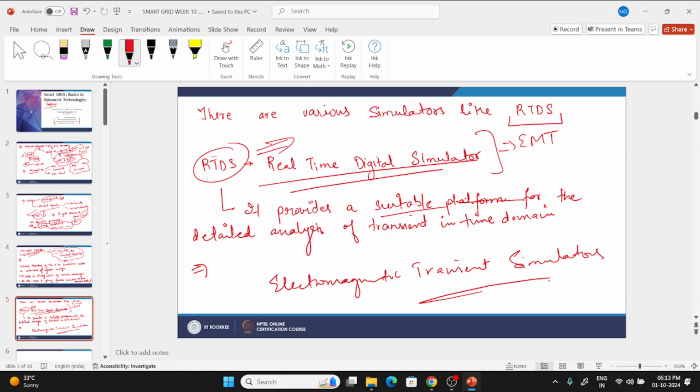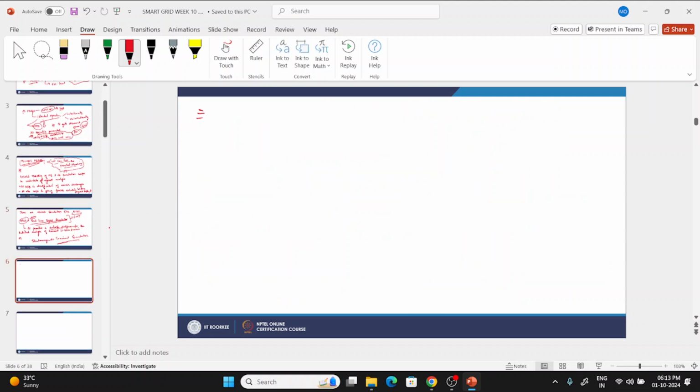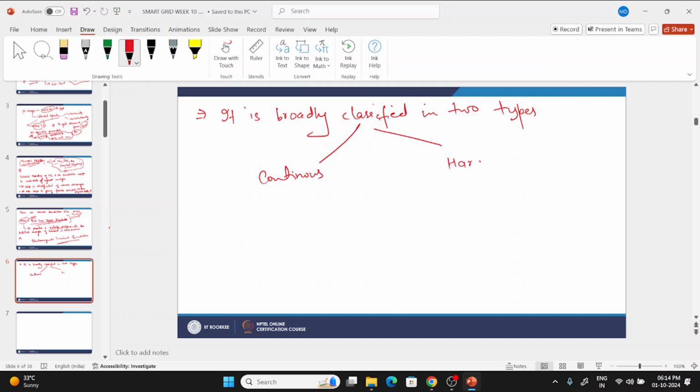Okay. Now simulation is of different types. It is broadly classified in two types. First is continuous, then the other is hardware in loop based testing, which is also known as HIL test.